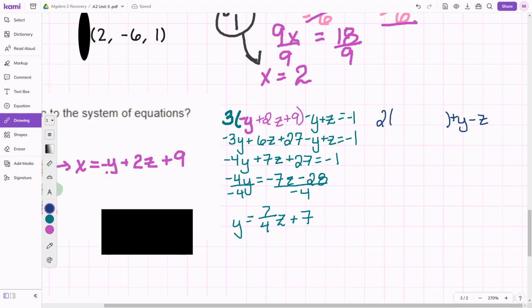Okay, and so that last equation, 2x plus y minus z equals 6. Okay, I'll go back and plug in my value for x, which is a negative y plus 2z plus 9. Okay. And I'm going to just solve like I did the last one. Solve for z this time.